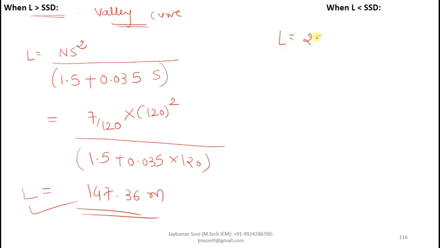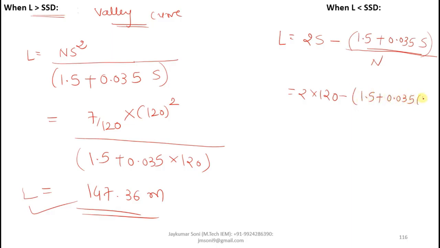L is equal to 2S minus 1.5 plus 0.035 S divided by N. If we put this value over here, it will be like this. It will be 143 meter.